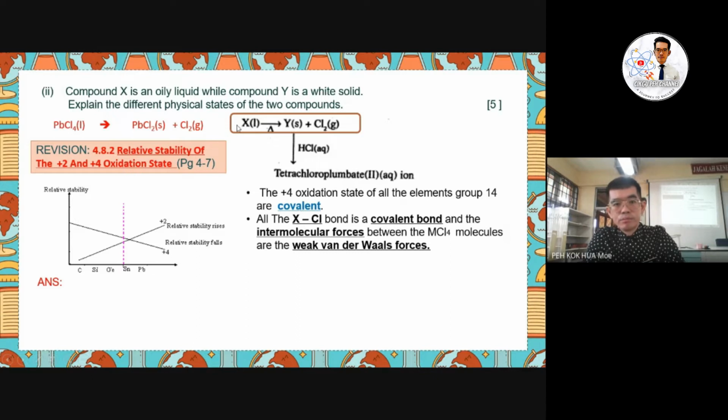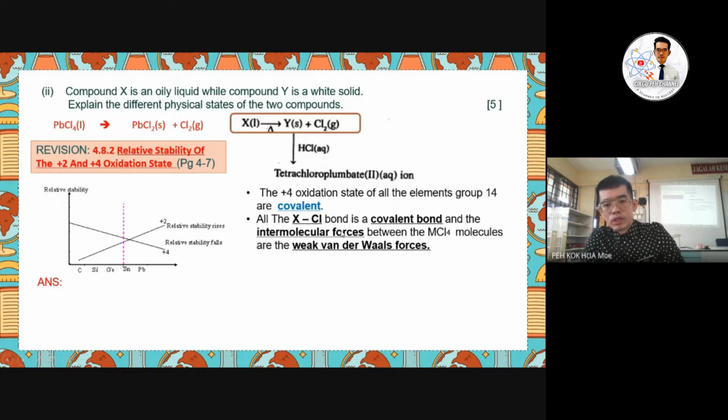So X, which is in liquid form, we already know is lead tetrachloride, and all the X-Cl bonds are covalent, so X is referring to group 14 now.